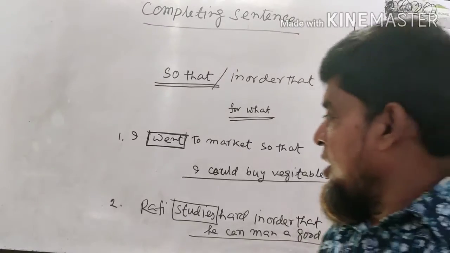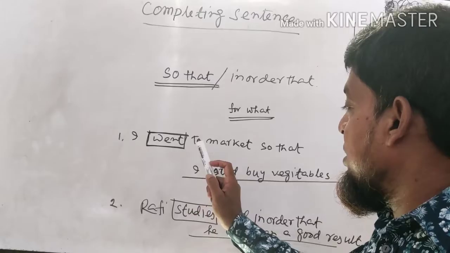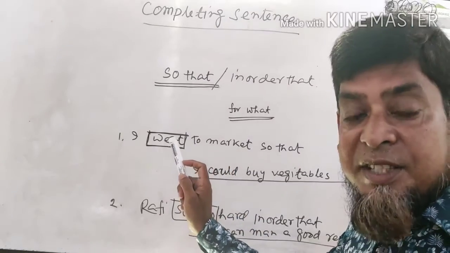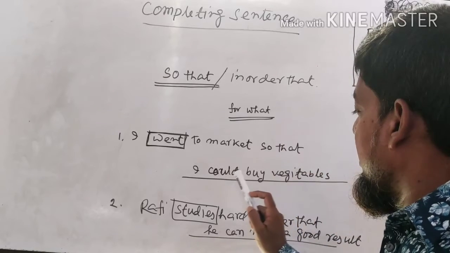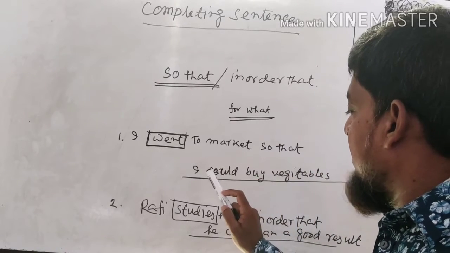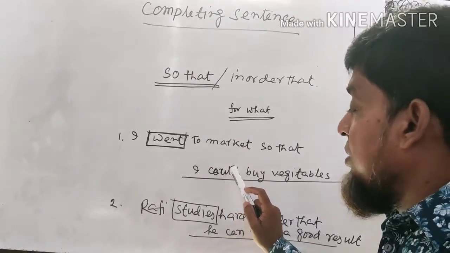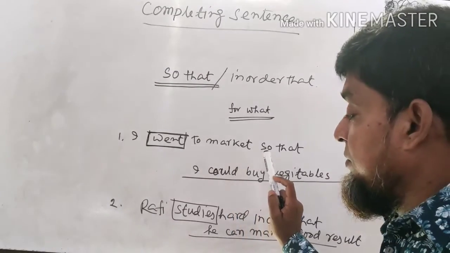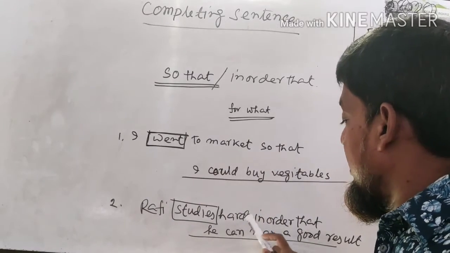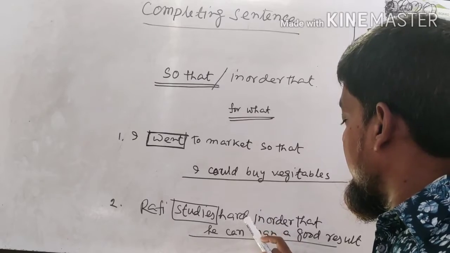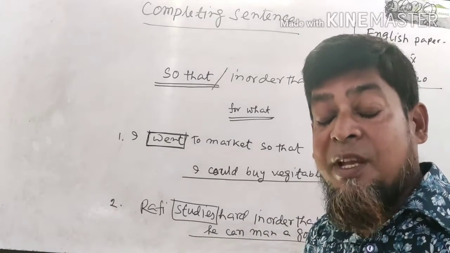We know that when past tense is used in the sentence, then after so that, after the subject, could or might is used. And when the sentence is present tense, in that place can or may is used.